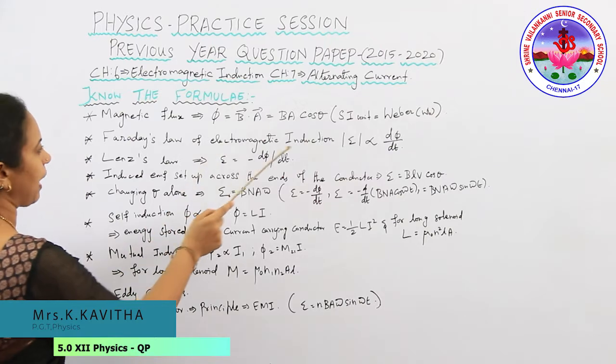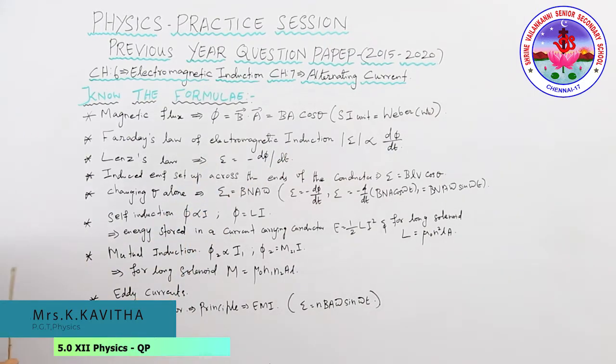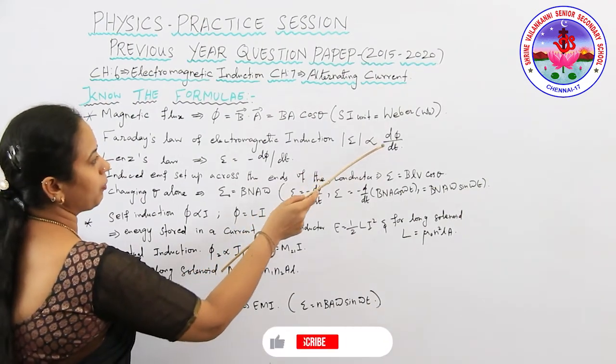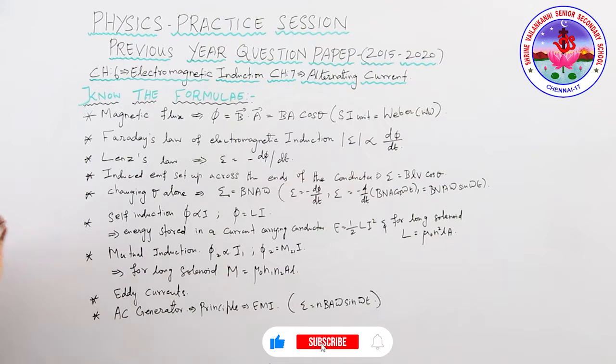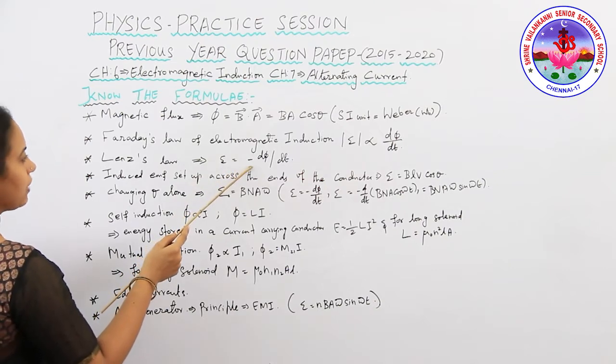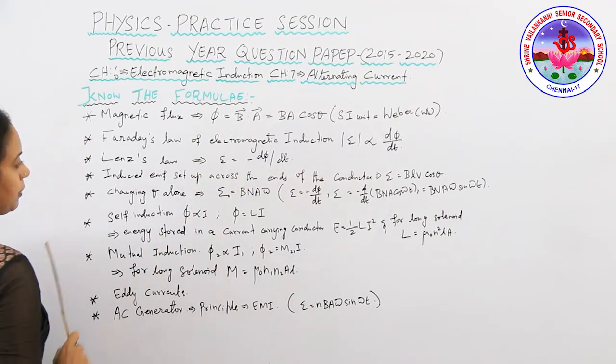Faraday's law of electromagnetic induction: modulus of epsilon is directly proportional to d phi by dt. Lenz's law gives only the opposite direction, so that it is equal to minus d phi by dt.